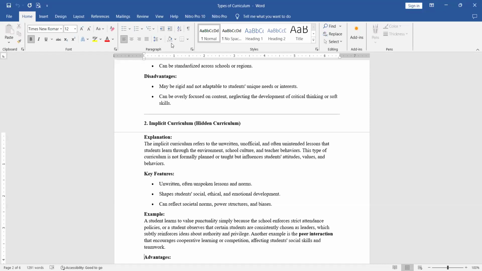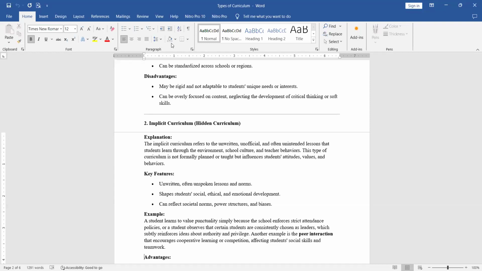That is why, even if it is the same syllabus in school A and B and C, the parents want the students to go to leading schools because they have their own cultures, a lot of events, extracurricular activities, and all that. They help the development of the child, especially the attitudes, values, and behaviors. So that is the hidden curriculum or the implicit curriculum.